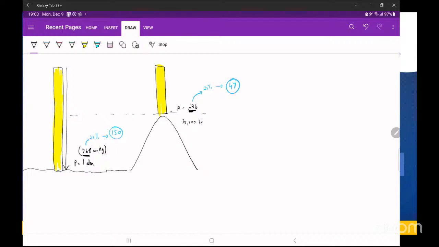Dead space will be there, carbon dioxide and all that. So ultimately, by the time it reaches the alveolus, it will be even lower. And after the shunt, the percentage saturation will further decline. So that is what you have to understand. From here, by the time it reaches your blood, it is around 100. Now this will be so much lower. This is one problem that we have to face when we go to high altitude.